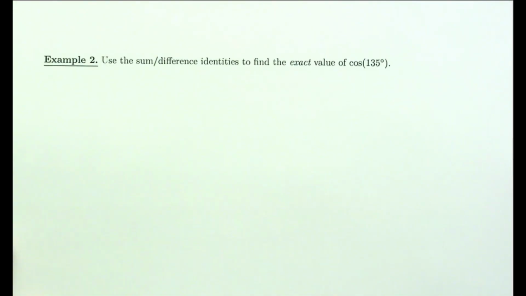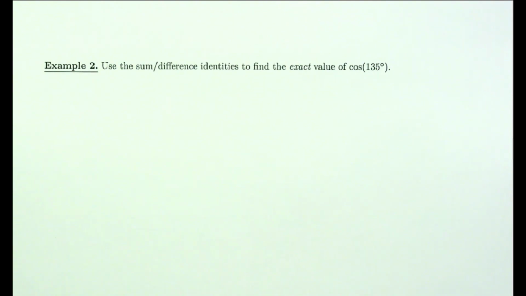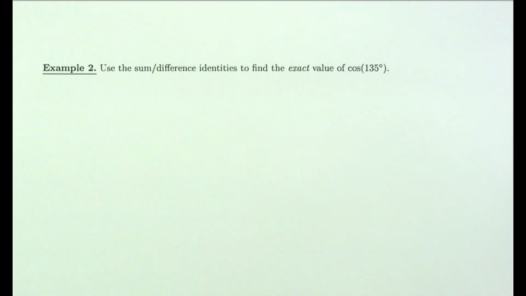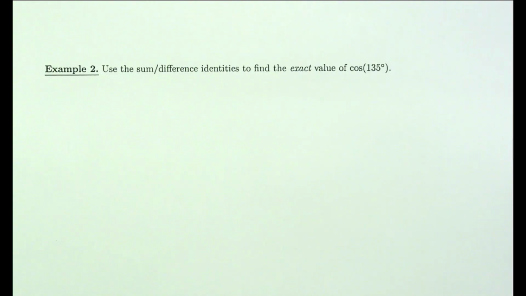Here's another one. It says, use the sum and difference identities to find the exact value of cosine of 135. Again, you just have to think of one combination that works: two special angles that when you either add or subtract them, you get 135.